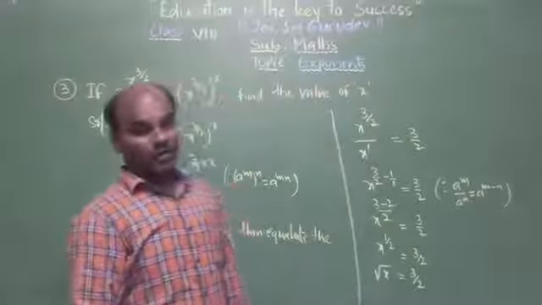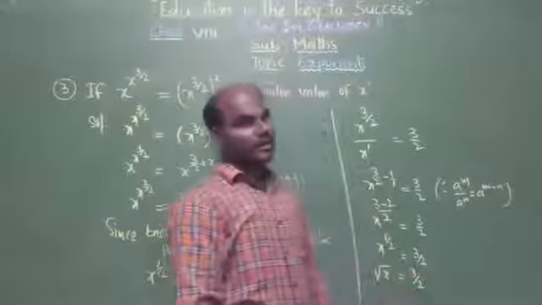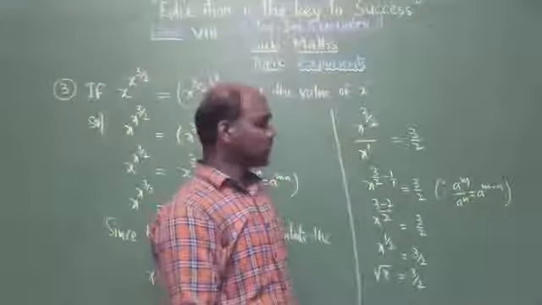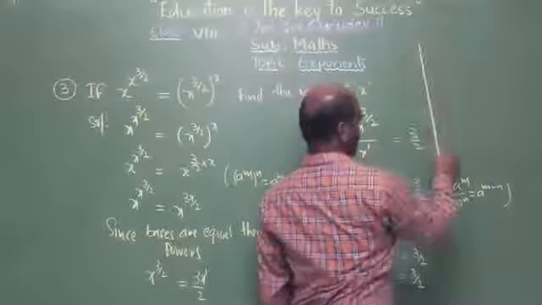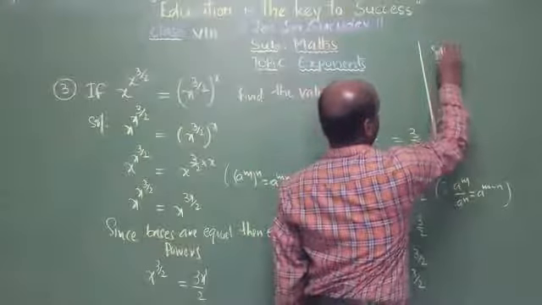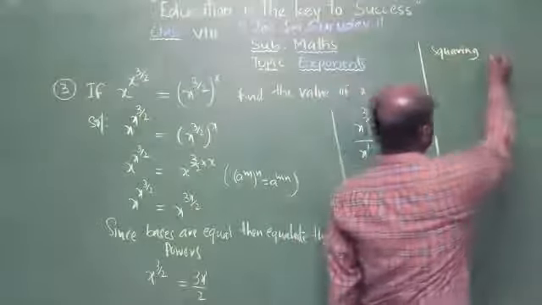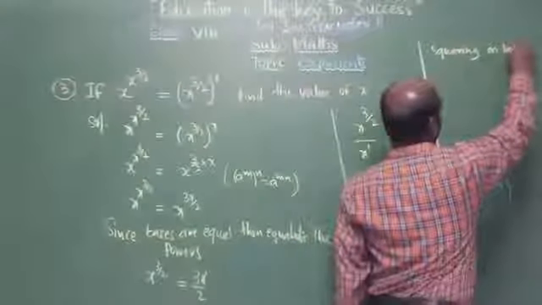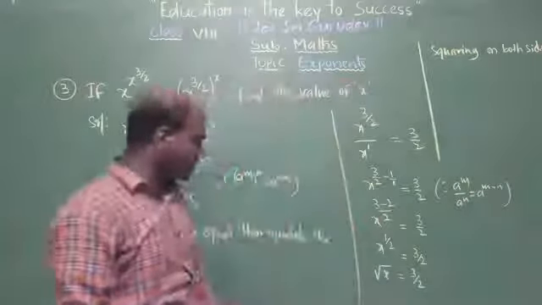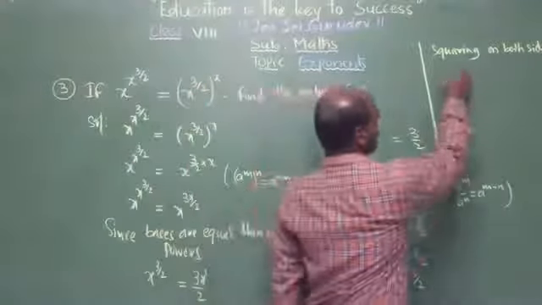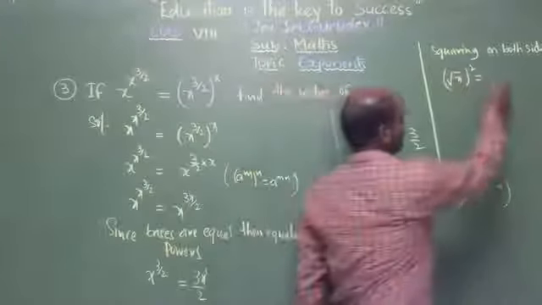Now we have to find the value of x, so we square on both sides. What we want to do, children? Squaring on both sides. So root x whole square is equal to 3 by 2 whole square.